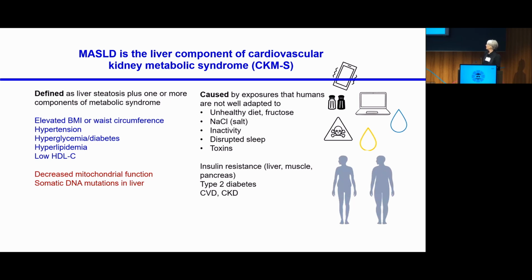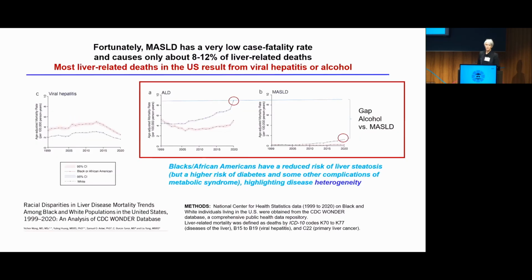And as Susan ably pointed out, all these exposures interact with our genetics and physiology to result in type 2 diabetes, insulin resistance, and can result in cardiovascular and kidney disease. Now, fortunately, MASLD itself has a very low case fatality rate.